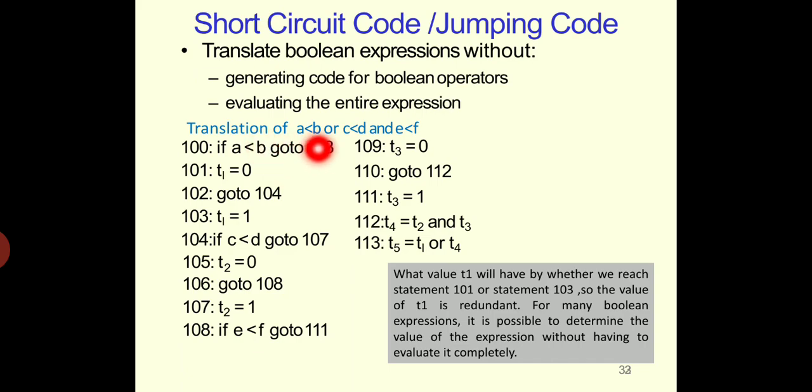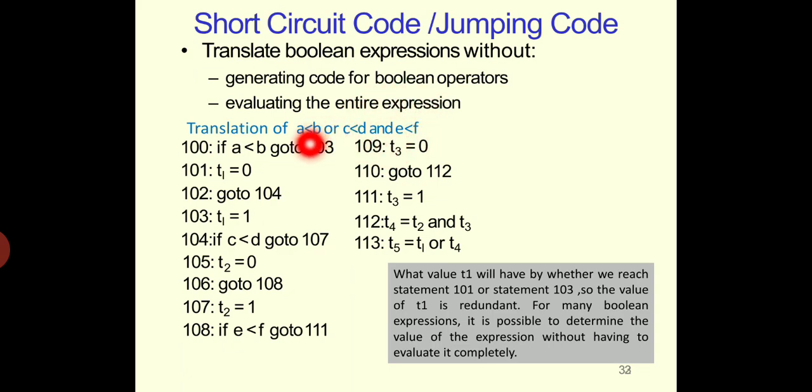So if a less than b is true, you have to go to t1 is equal to 1. We know that c less than d and e less than f will have some 0 or 1 value. So if a less than b is 1, you have to OR it with the result of c less than d and e less than f, whatever the value, either 0 or 1.